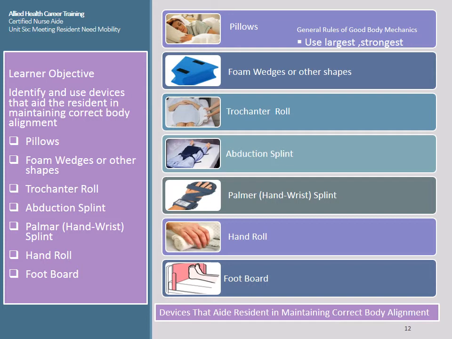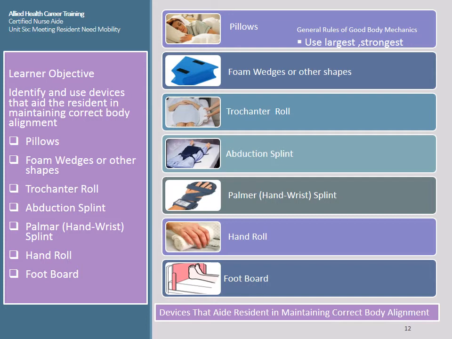An adduction splint is to help with a resident who has had recent hip surgery. The palmar hand-wrist splint is to help the resident to keep their hands in an open position. We can use a hand roll for residents whose hands are starting to close.